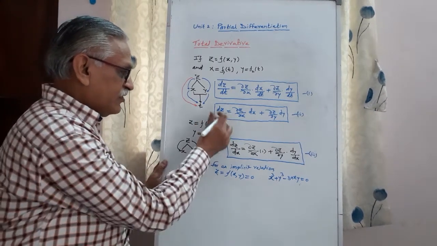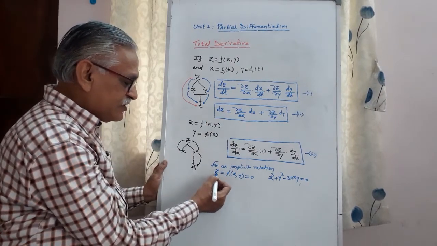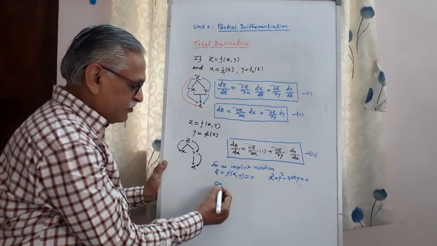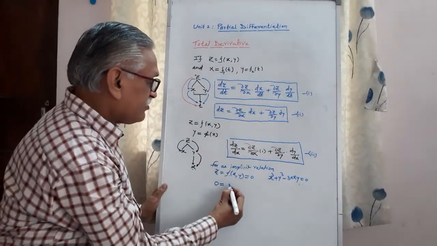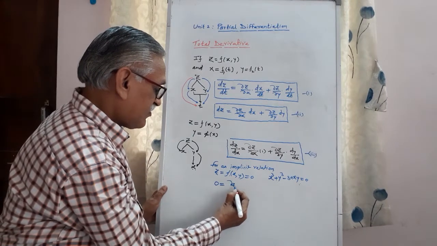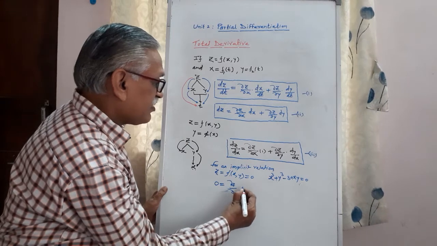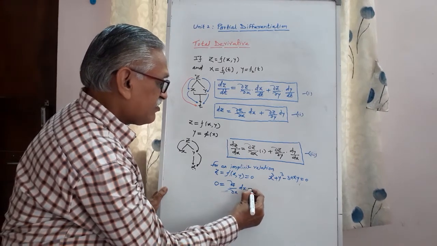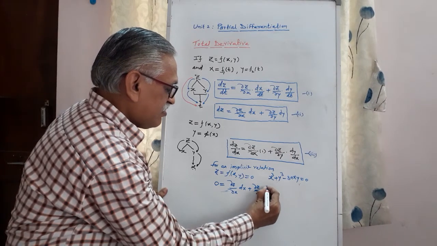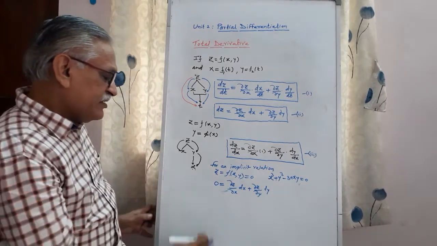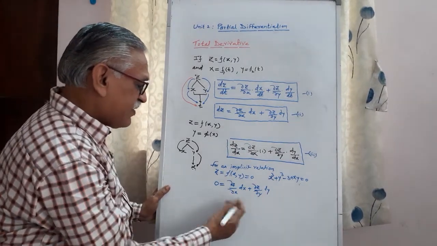Therefore, if we use this equation 2, the derivative of this function f, meaning the derivative of z, is here 0, and the right hand side is dou z by dou x into dx plus dou z by dou y into dy, and then we try to rewrite it for dy by dx.